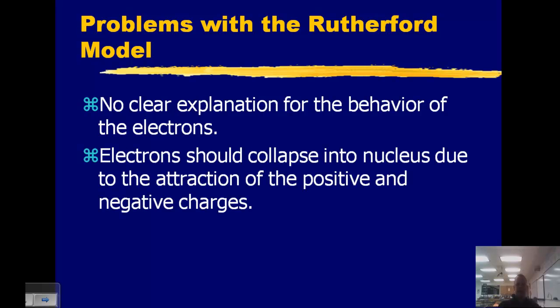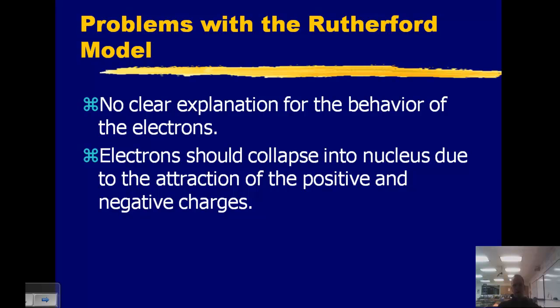We know that negatives and positives attract one another. So, because of this attraction, at an incredibly small distance, the electron should collapse into the nucleus, causing the atom to fall apart. Anytime those electrons lose any little bit of energy, they would start to collapse towards the nucleus and eventually would collapse completely into the nucleus under that model.